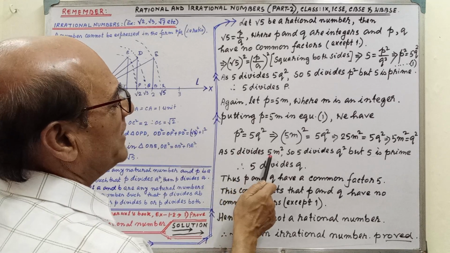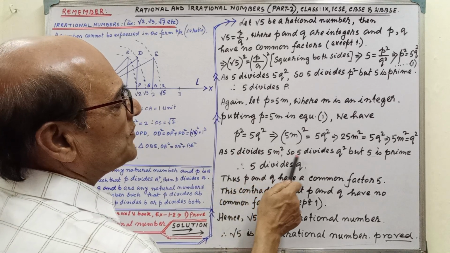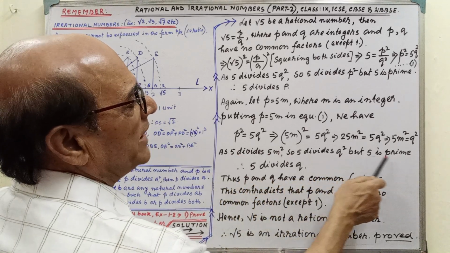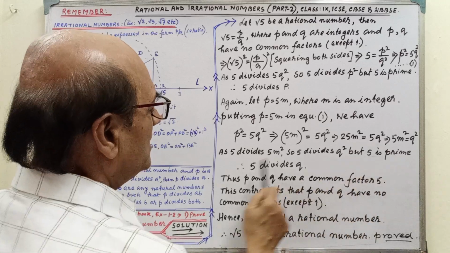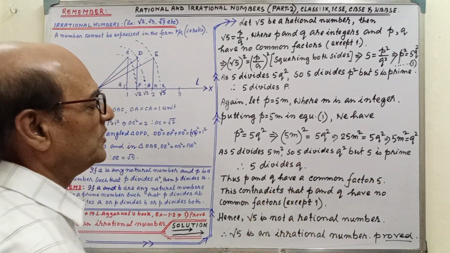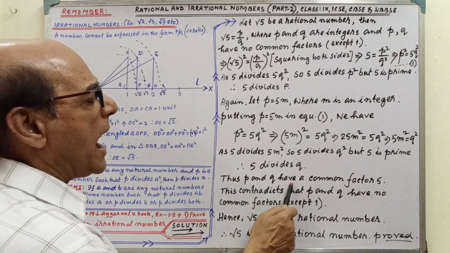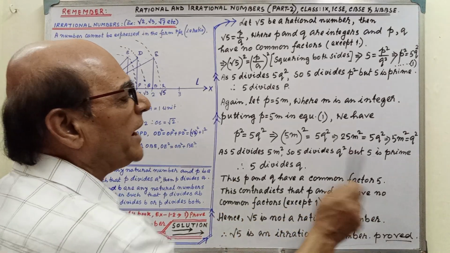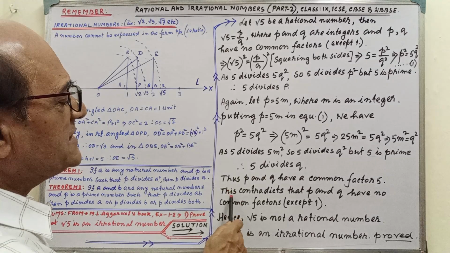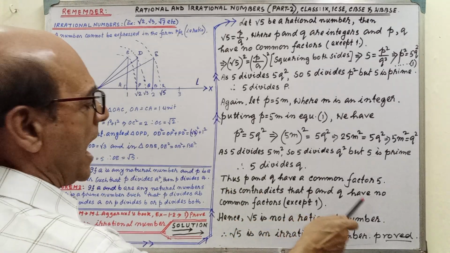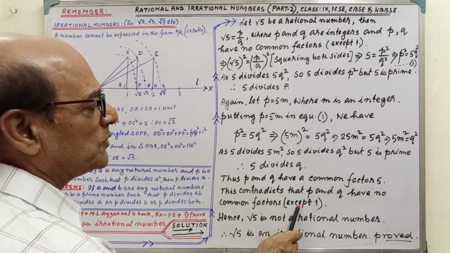Again, as 5 divides 5m square, so 5 divides q square, but 5 is a prime number. Therefore, 5 divides q. From this, what we are getting: thus p and q have a common factor 5. This contradicts that p and q have no common factor except 1.